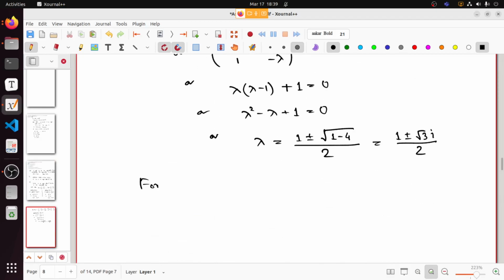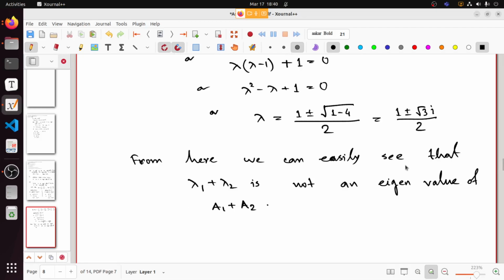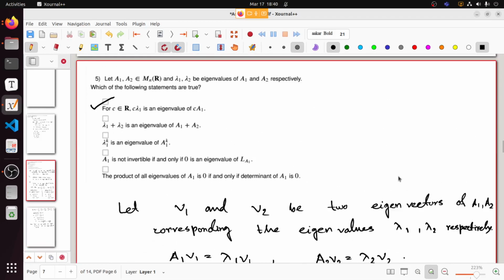So from here you can easily see that lambda 1 plus lambda 2 is not an eigenvalue of A1 plus A2, right? So this is not necessarily true. So option number 2 is false.